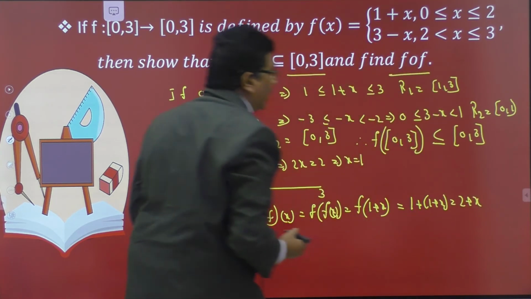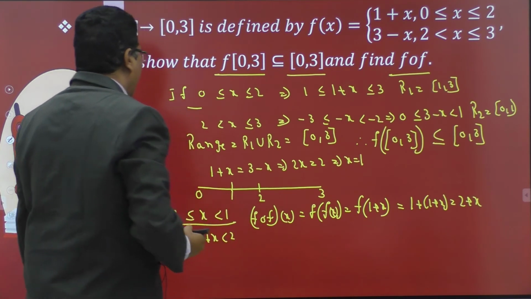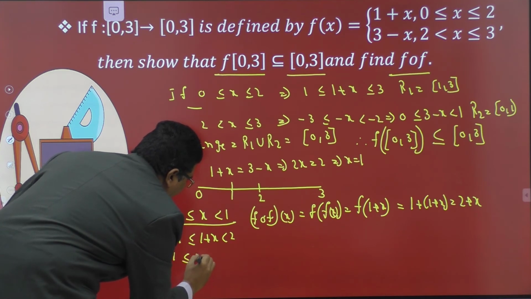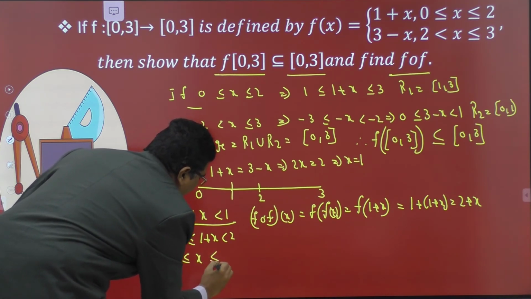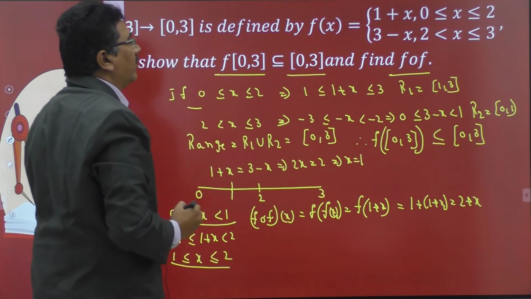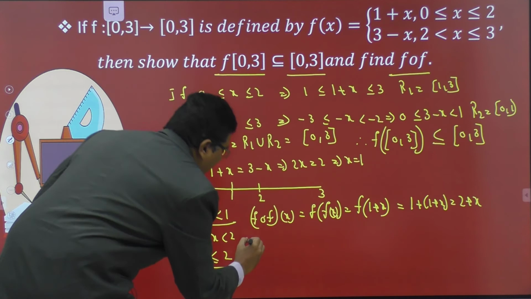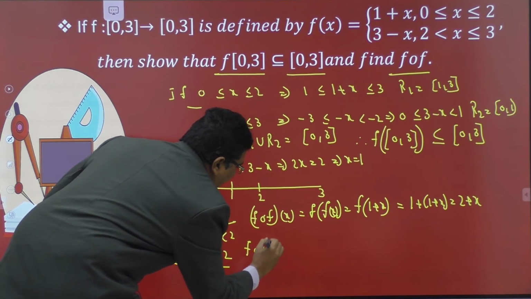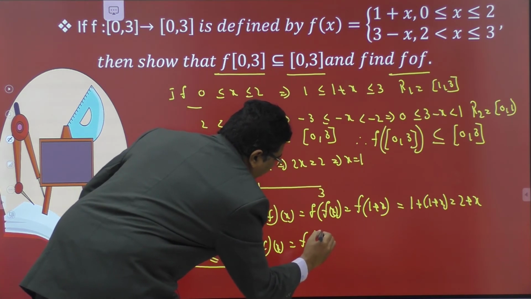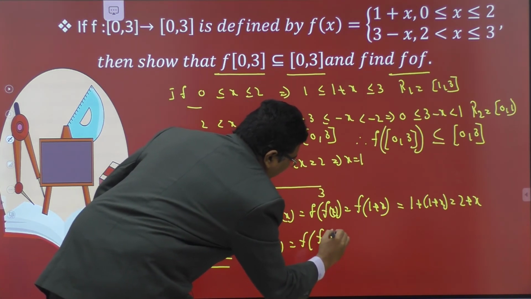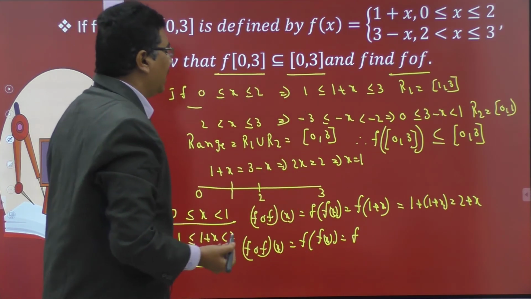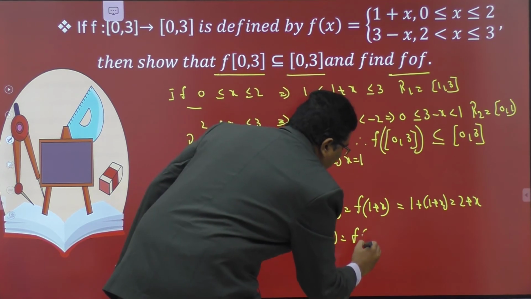Right? Now, if x lies between 1 and 2, 1 less than or equal to x less than or equal to 2, in this interval f circle f of x is equal to f of f of x. In this interval, f of x is 1 plus x.